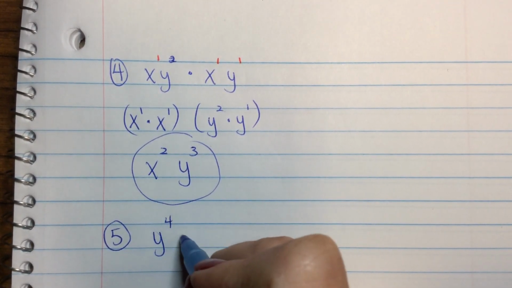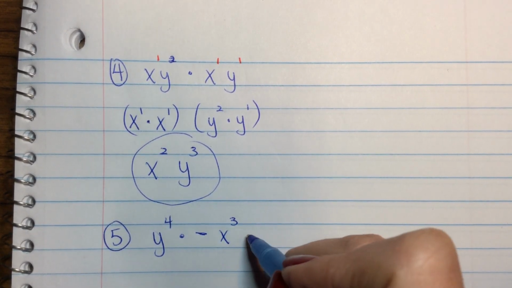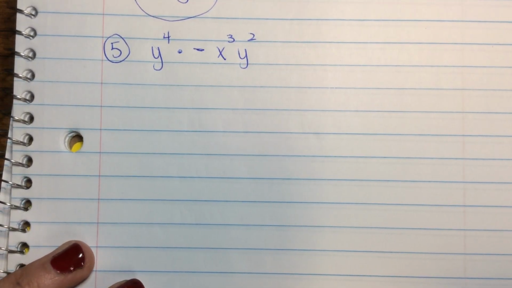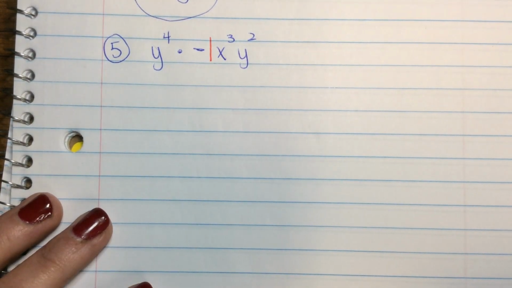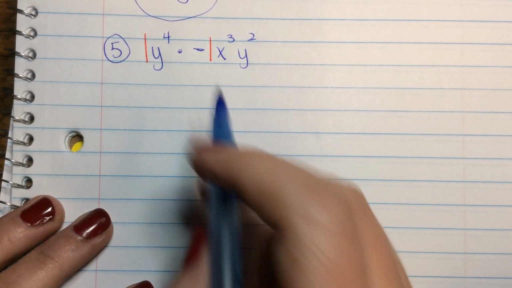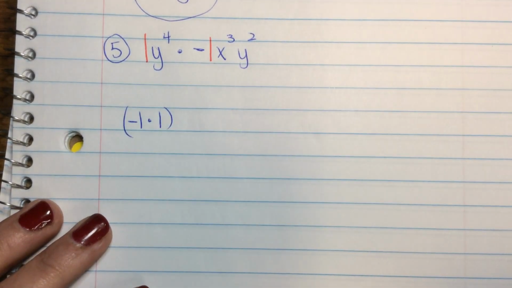Y to the 4th times negative x cubed y squared. So I'm going to go back through and fill in a 1 here because it's really a negative 1. And actually I could fill in a 1 here because there's no number out front. So I really have negative 1 times 1.